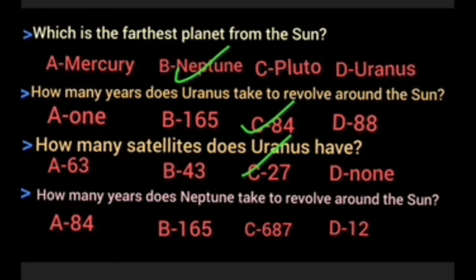How many years does Neptune take to revolve around the Sun? A. 84, B. 165, C. 687, D. 12. Answer 165 years. Neptune takes 165 years to revolve around the Sun.